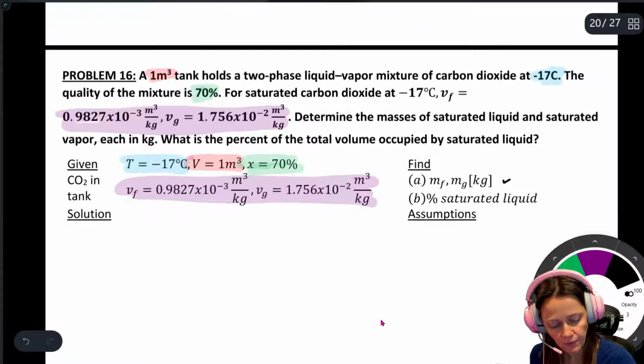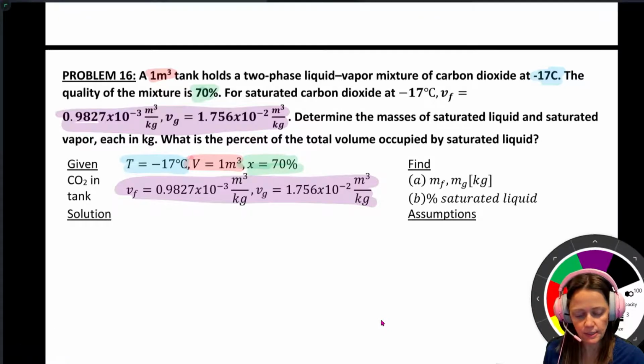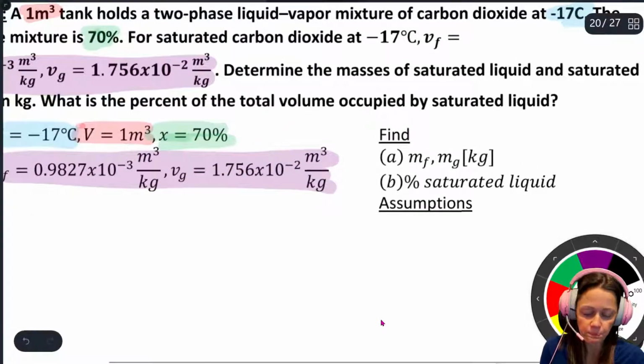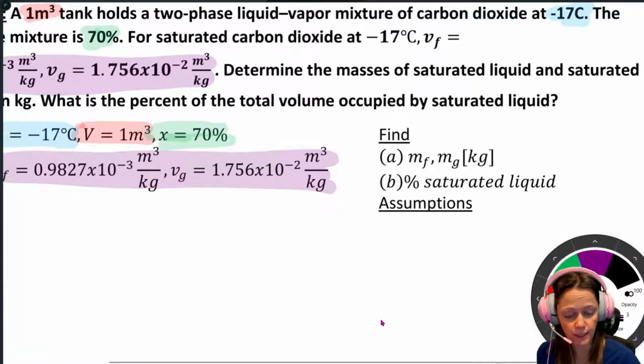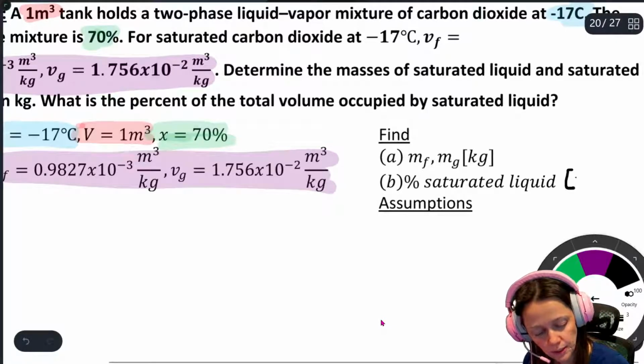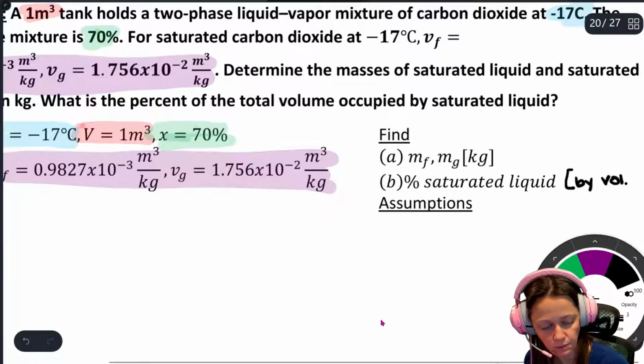So that's part A here. And then they also want the percent of the total volume occupied by the saturated liquid. So for part B, it's the percent saturated liquid, and I really should put by volume, right? So it's not by mass, it's by volume.